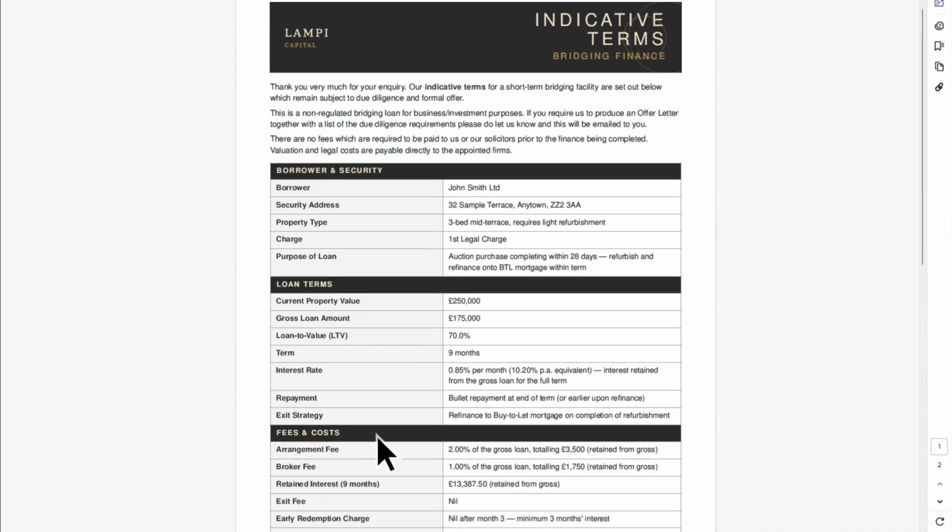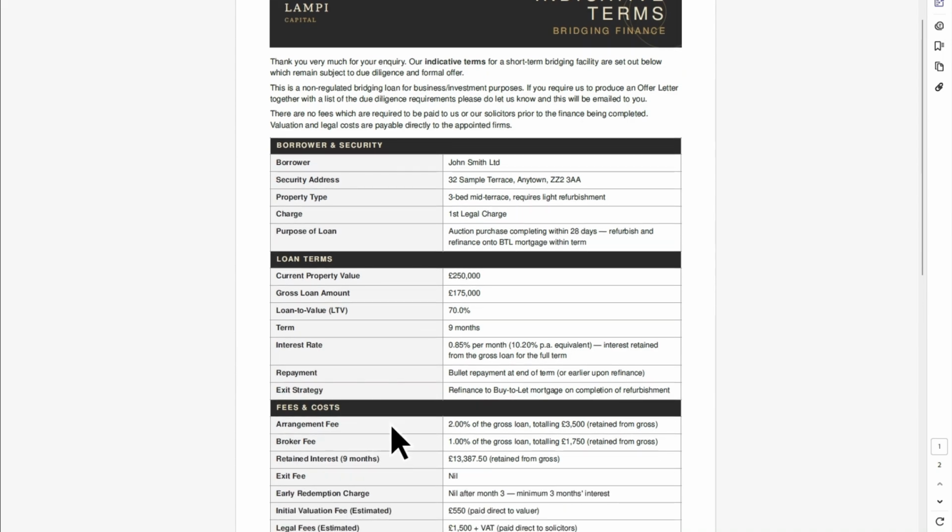Then the arrangement fee. This is the fee that the lender will be charging on top of the interest, or in addition to the interest. So on this example, it's 2%, of which most deals, if there is a 2% arrangement fee, some of that will be going to the broker. So make sure you were aware of that.